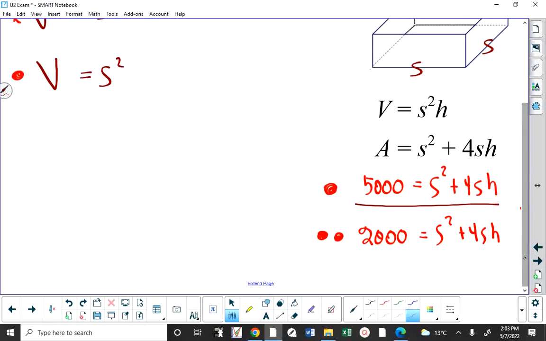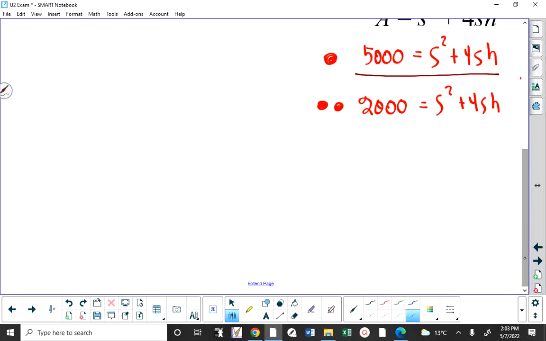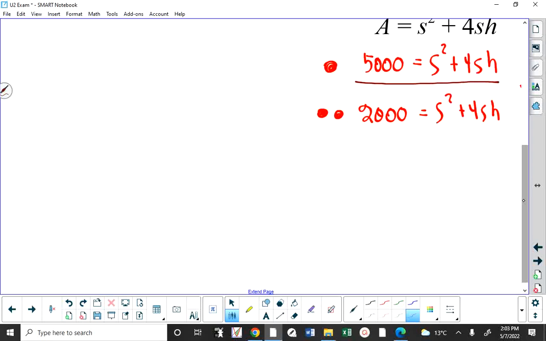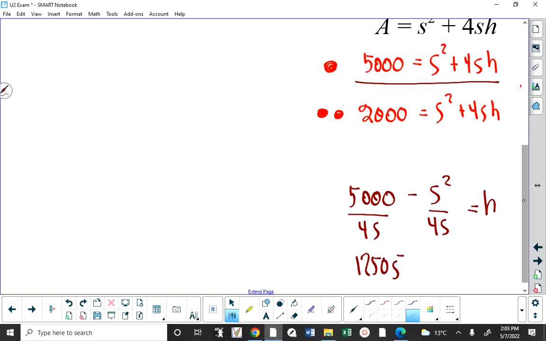So if I rearrange that equation for h, you would show this on an exam, but I don't want to fill up the board space with it. It's just kind of my scrap work here. You would have to take 5,000 and subtract s squared and then divide everything by 4s. And that's how you would get h. So that's going to give you, well, 5,000 divided by 4 is 1250, and we have s to the negative 1.